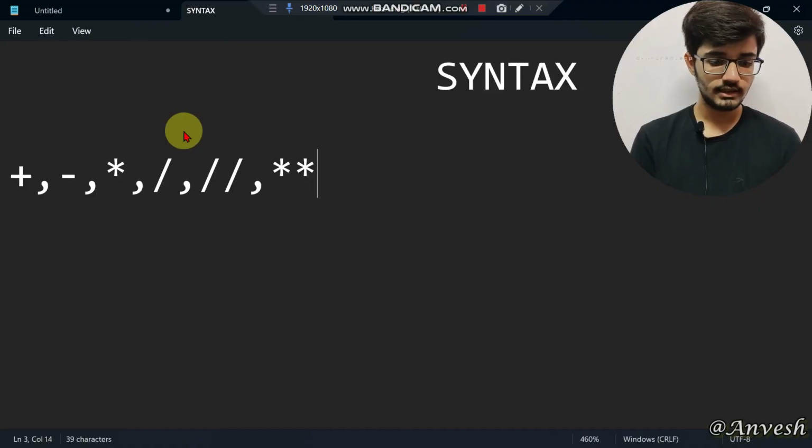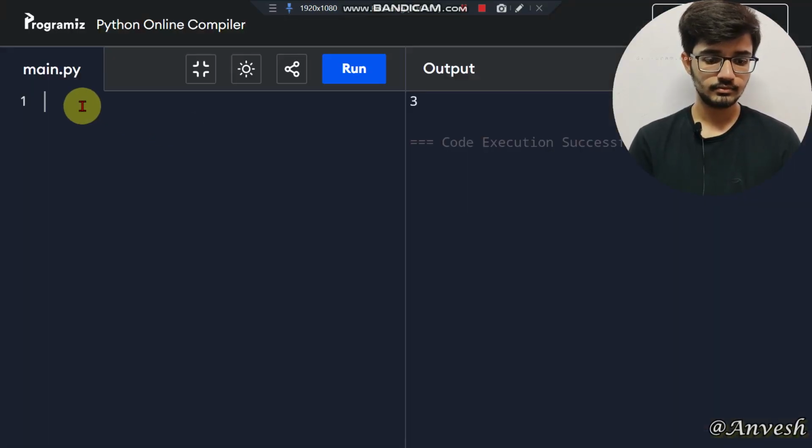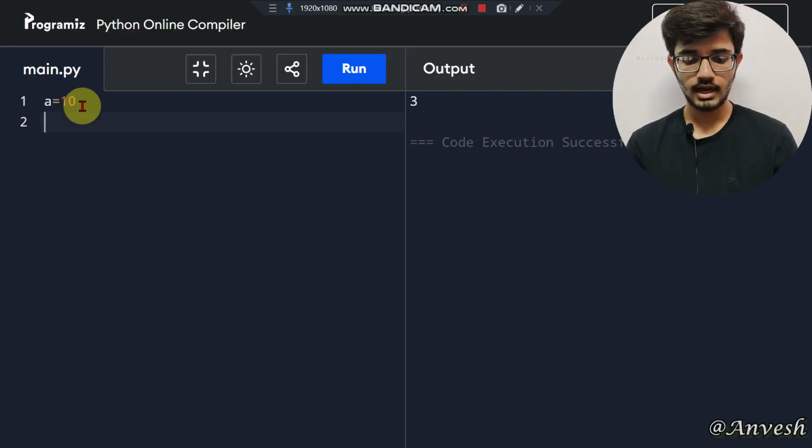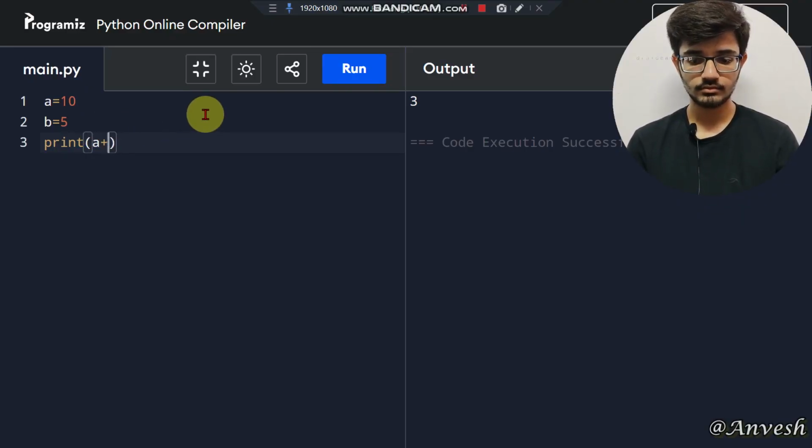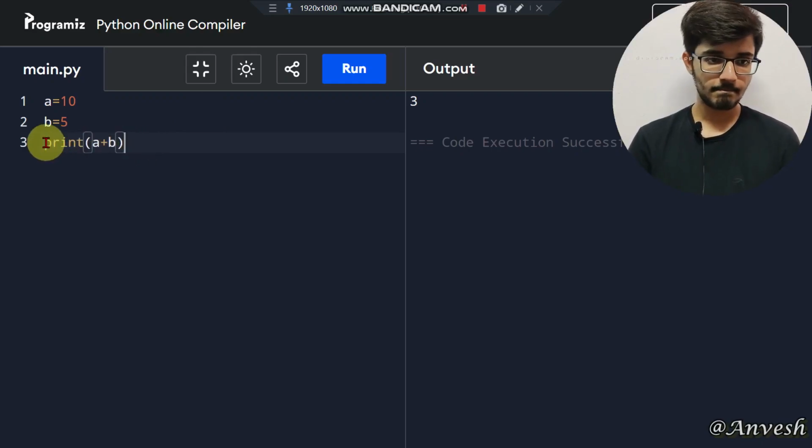Now let us see the addition. I'm storing a value in a variable a, such as 10, and in b I store the value 5. Now I am going to print a plus b. So that is the addition operator.